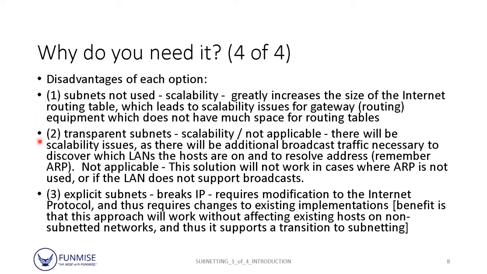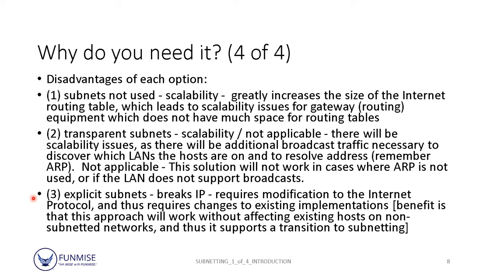And then if you went with the transparent subnets, they're still going to give you issues, because now there's going to be all this broadcast traffic, because these hosts will need to discover other hosts that aren't on the actual cable with them. So they're going to broadcast, and now you're going to end up having to use some sort of proxy ARP, since regular ARP just won't work in this scenario.